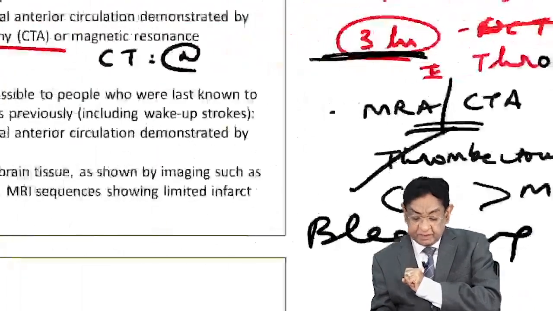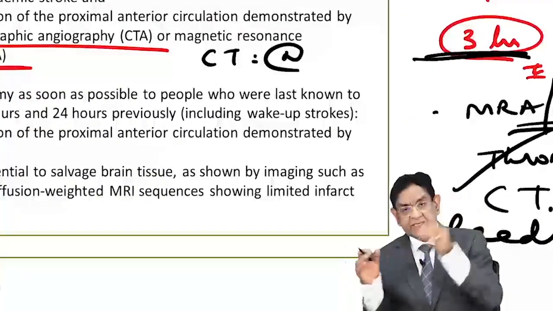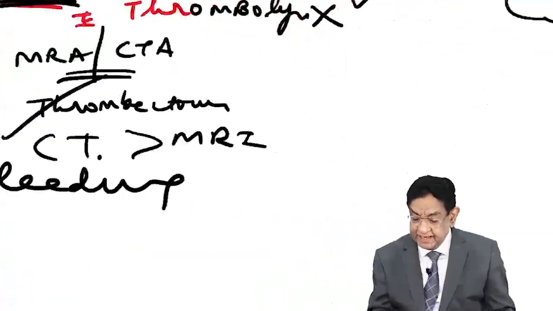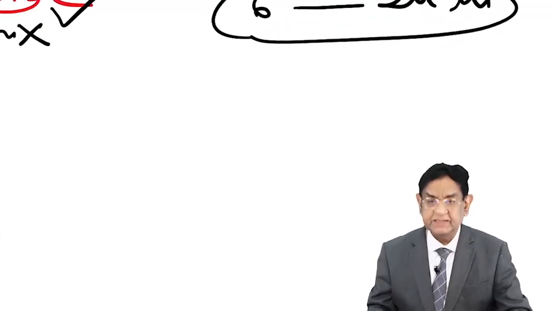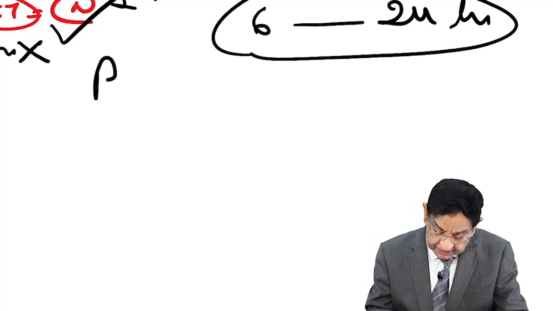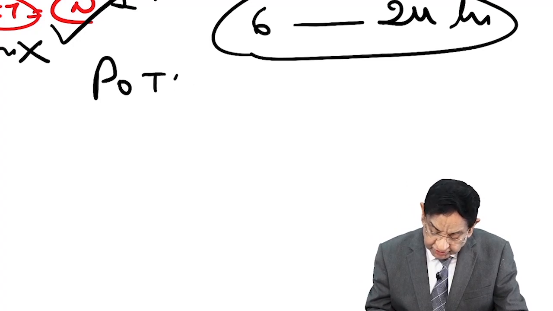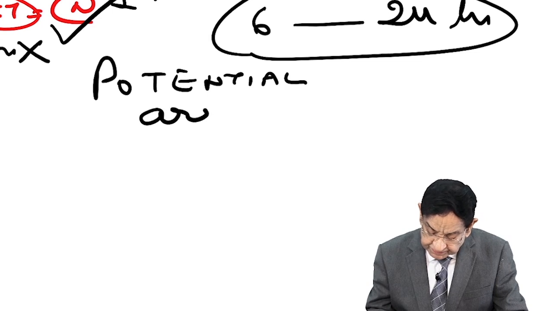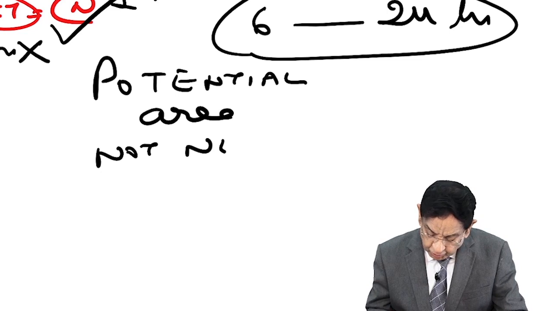But what we do, we have done the cerebral angiography or MR angiography, and we find there are some potential areas which have not necrosed yet.